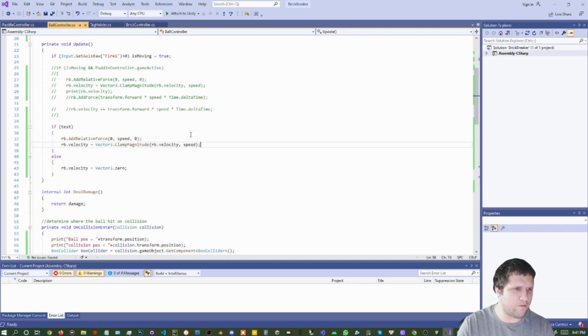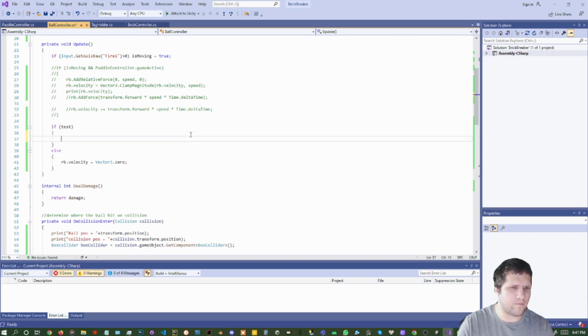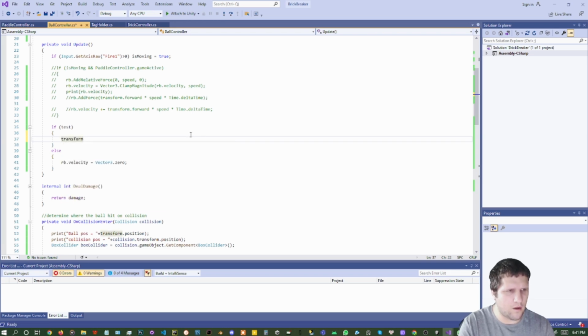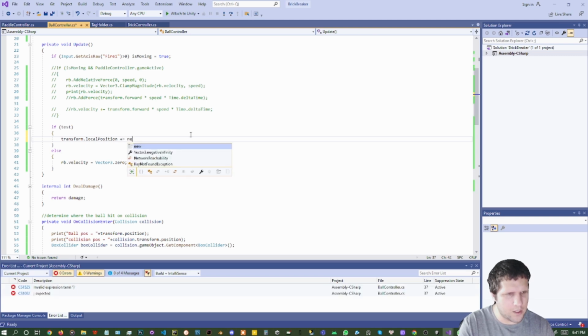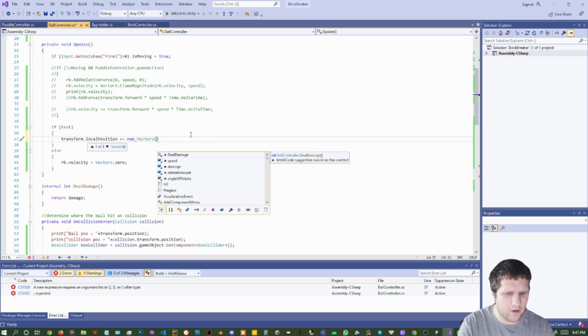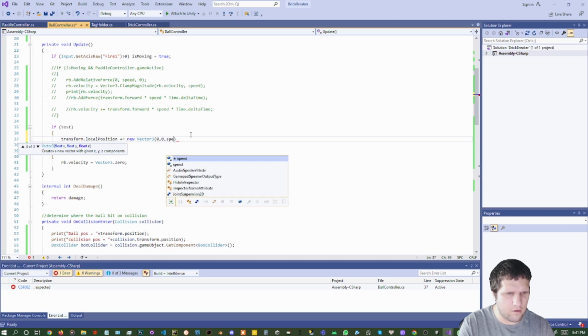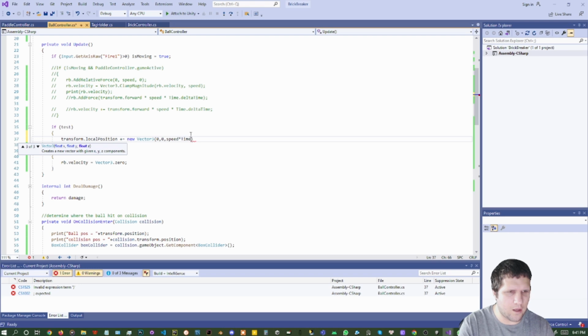Then instead of this, what if I say transform dot local position plus equals a new vector 3 of 0, 0, speed times time dot delta time.